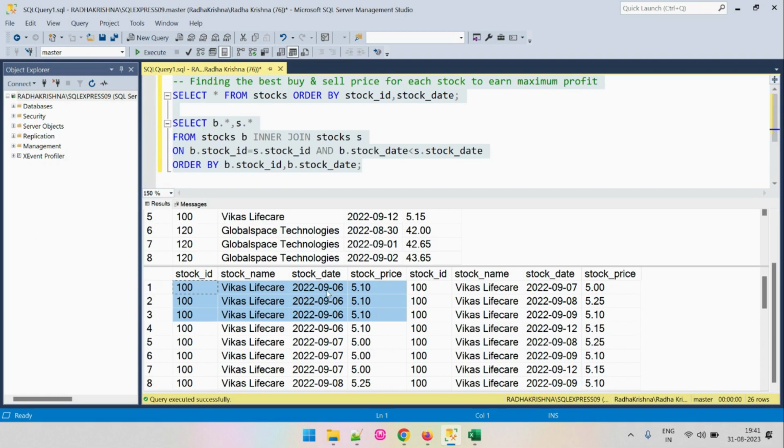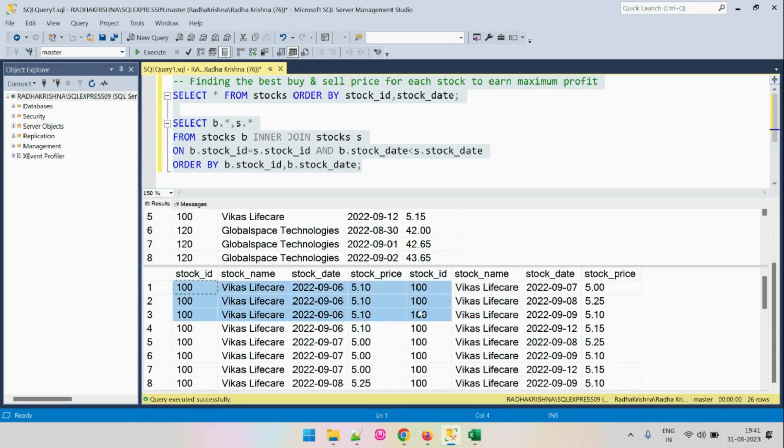Secondly, as we notice, the stock date of purchase is less than the stock date of selling. So these two criteria we have specified here. So for every buy entry, we have all the corresponding sell entries present.